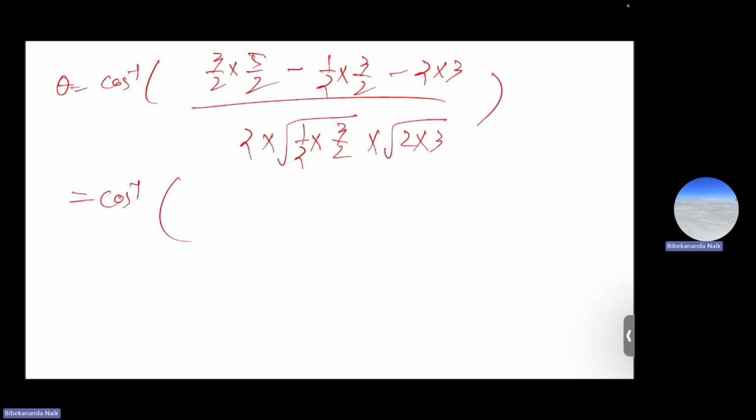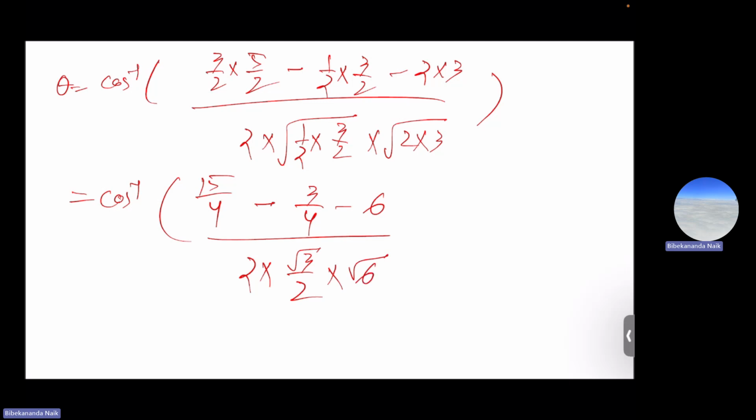This is cos inverse of [15 by 4 minus 3 by 4 minus 6] divided by 2 into root 3 by 2 into root 6.